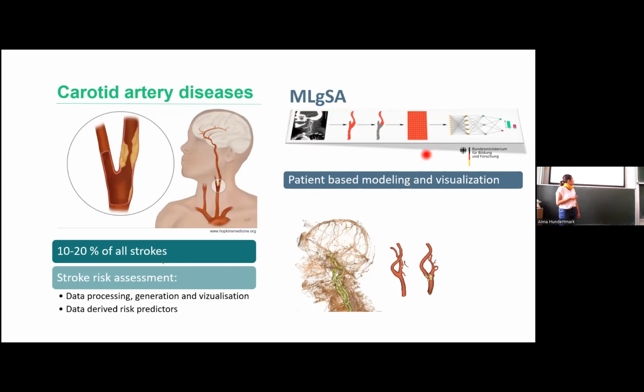So what is our goal? Our special goal is patient-based modeling and also visualization. Here you can see one head. It's not a head, it's a CTA scan, or derived from the CTA process. Kind of patient data. In green, you see the highlighted carotid artery. You can see already processed 3D geometrical objects, not only of the artery, but also of the plaque. The white regions are the plaque of a patient.